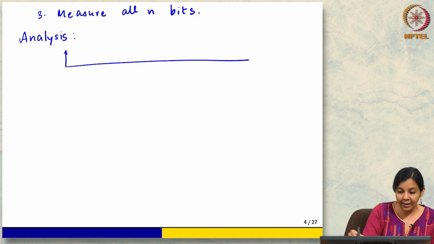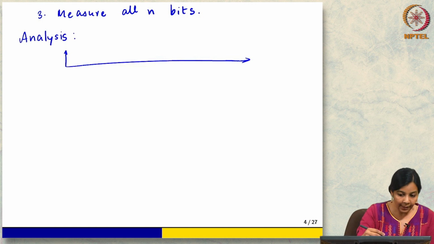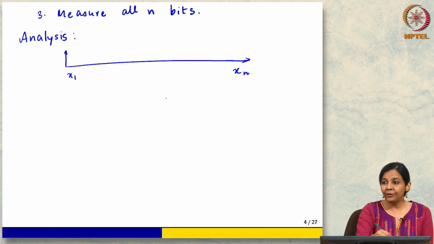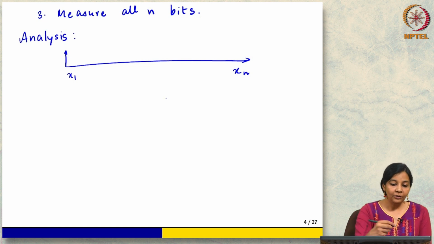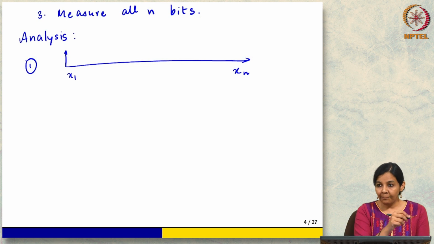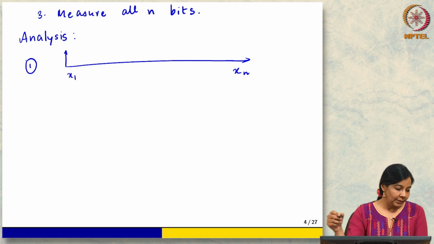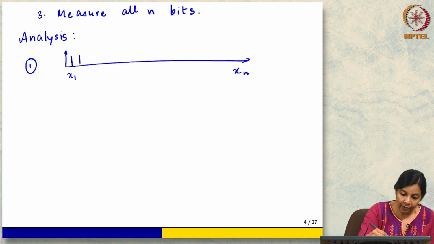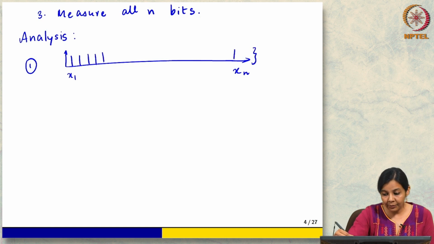Let us say that I am just mapping the amplitude over all the points. In the first step, when I generate the superposition, the amplitude is distributed equally on every point in the space. And what is this? It is 1 over 2 to the n over 2.